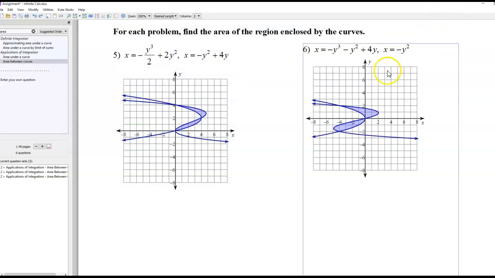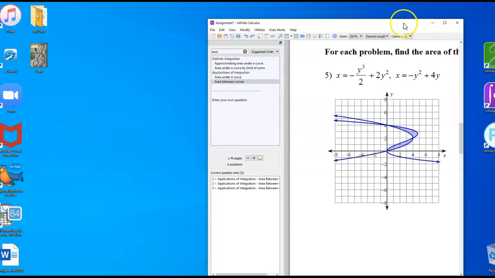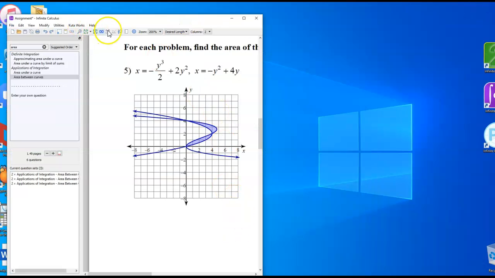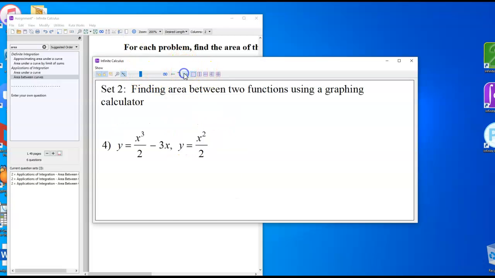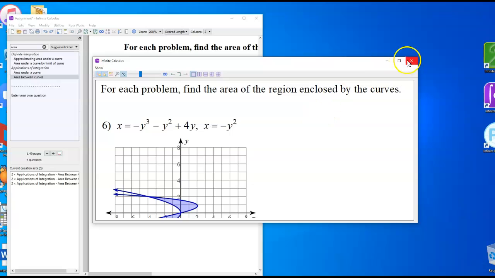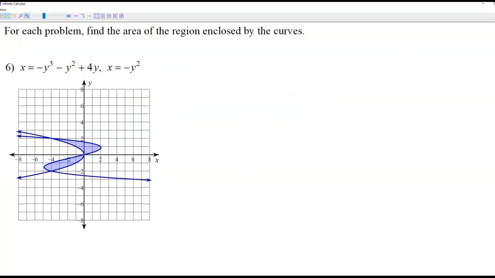So, nice and simple, no big deal. For number 6, what I'd like you guys to do, see if you can do this, is I would encourage you to try and set this problem up in 2 different ways.